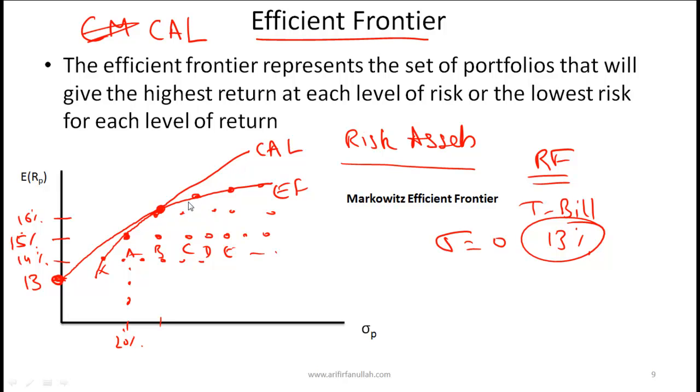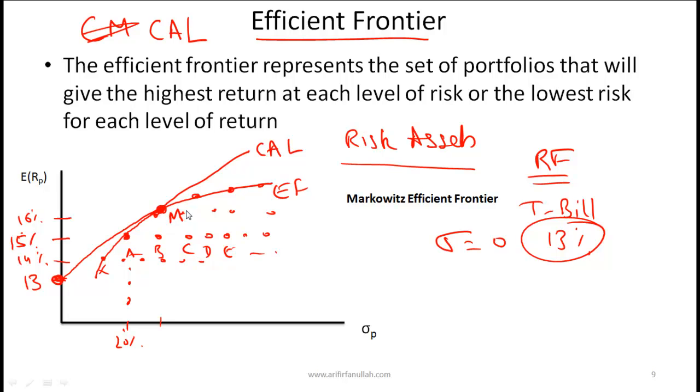So what does that mean? Let's call the point where the CAL tangentially touches the Markowitz efficient frontier the point M, or the market portfolio. So if that is the market portfolio and this is the risk-free portfolio, or your T-bills, then we essentially have two assets.